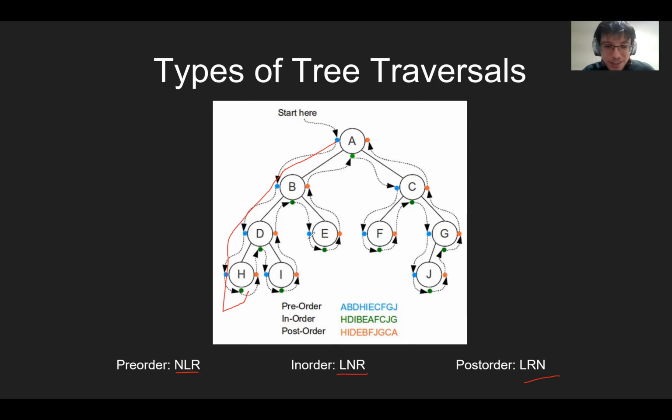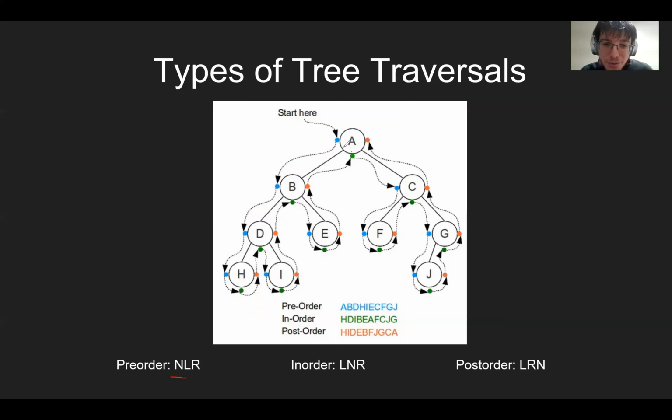If we do node first, we're going to do A, B, D, H, and then the next thing we do is A, B, D, H, I, and then we already did B, so we're going to go to E, then go around to C, F, G, J. Oh, sorry, that was pre-order. Pre-order goes node first.